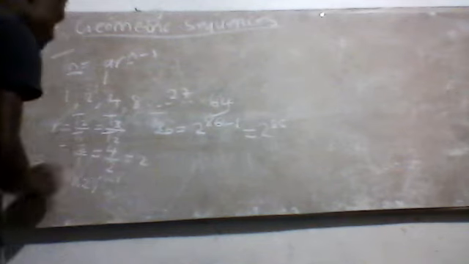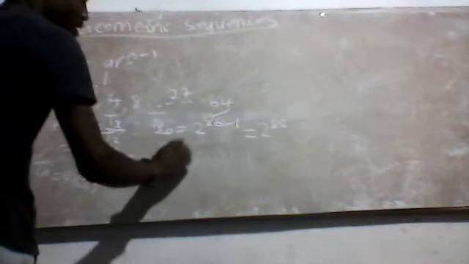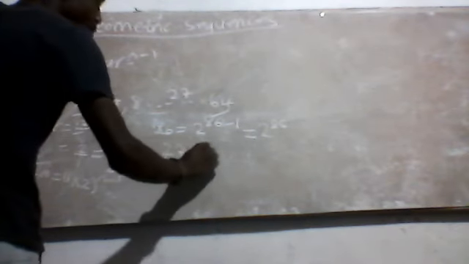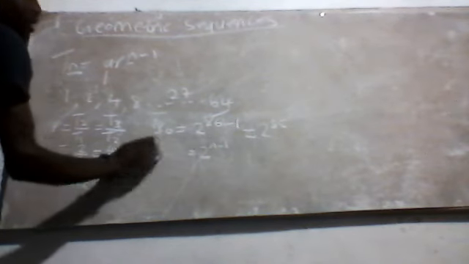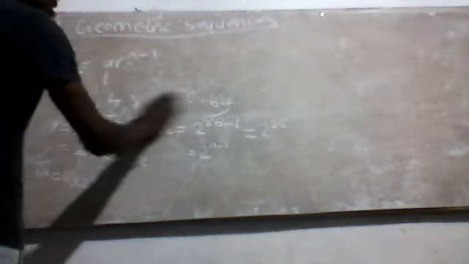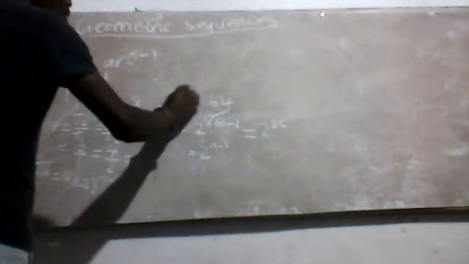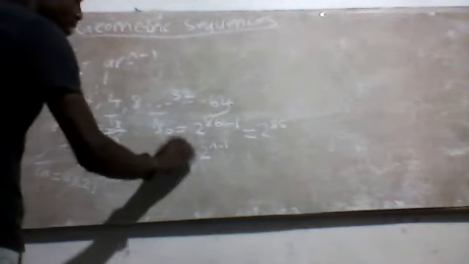So I go in the place of Tn, substitute 32, then I solve for n.